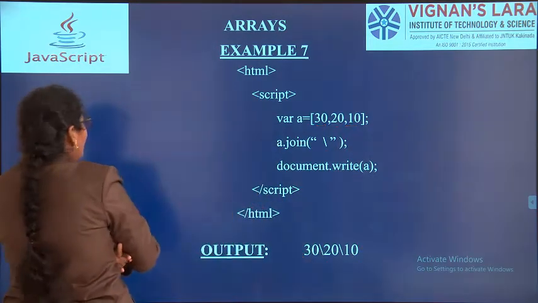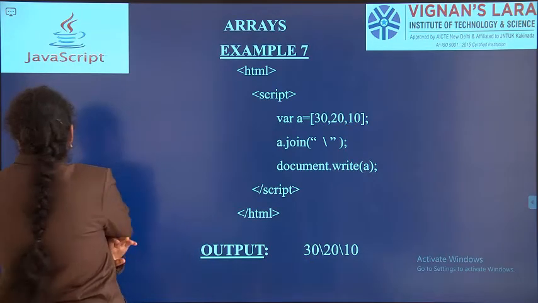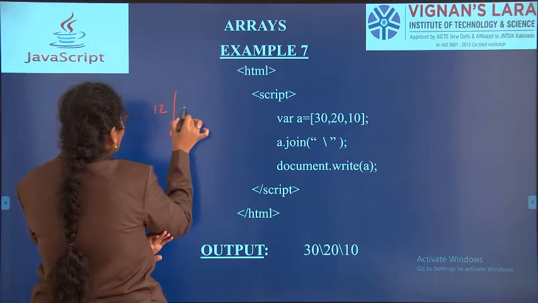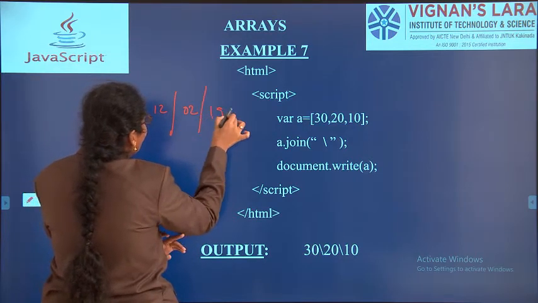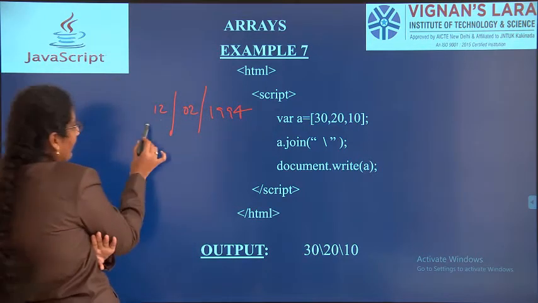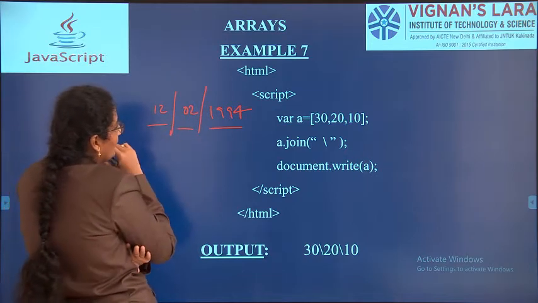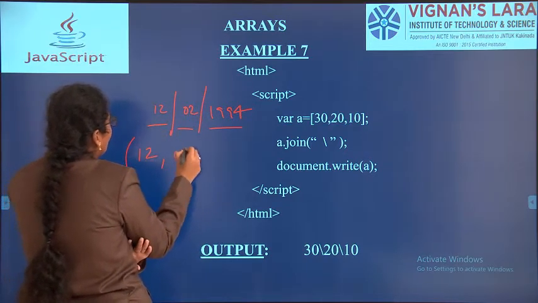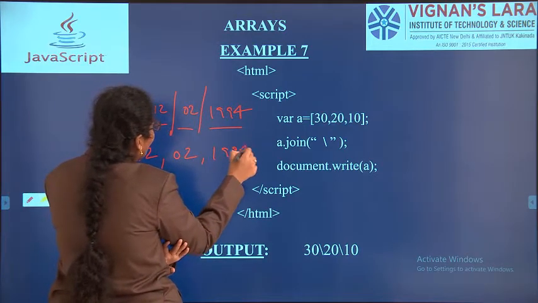See, if you want to give dates, for example, 12th Feb 1994, you can take the array as 12, 2, 1994.